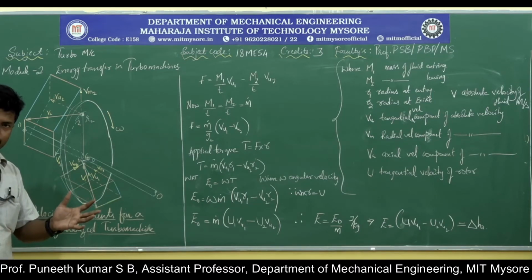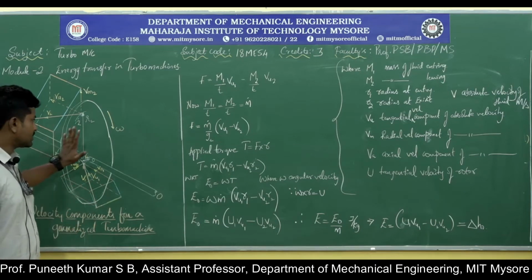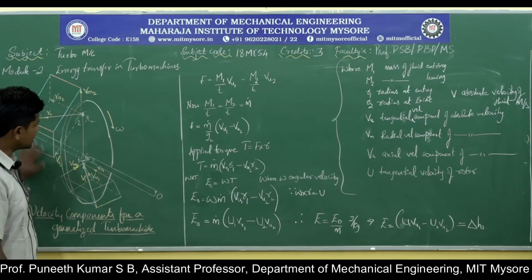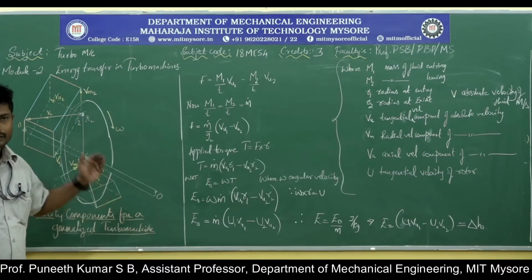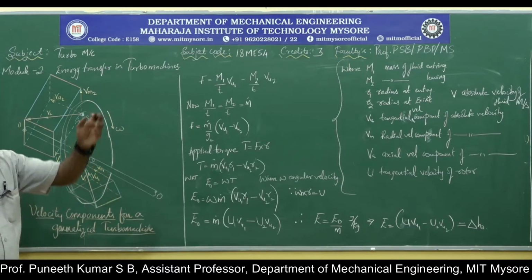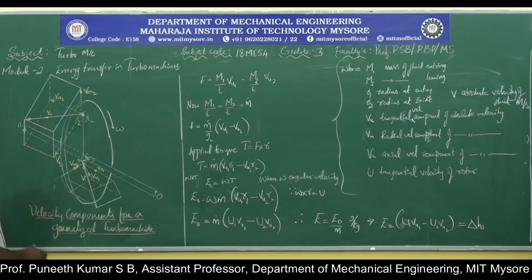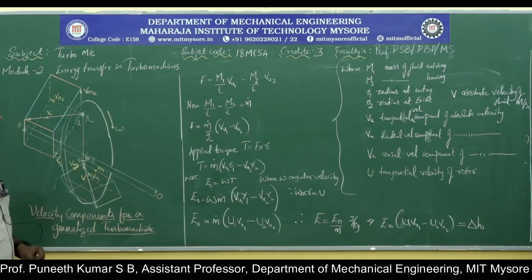Whatever kind of turbo machine it might be, we have generalized it and represented it. If we understand the fundamentals of the generalized turbo machine, we can extract from it a particular turbo machine, which we will be implementing in future. So this is the derivation of Euler's equation.